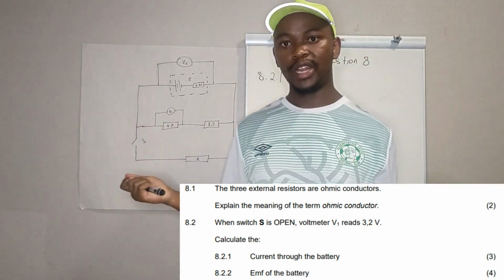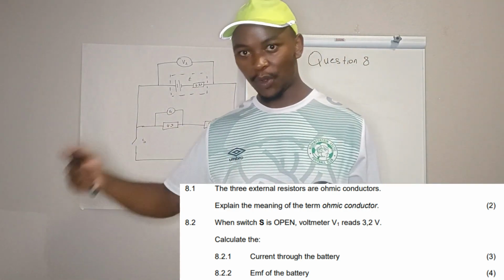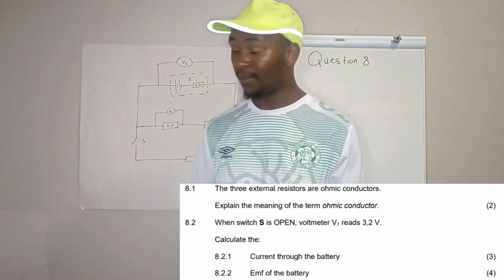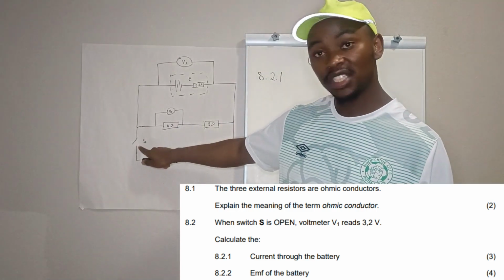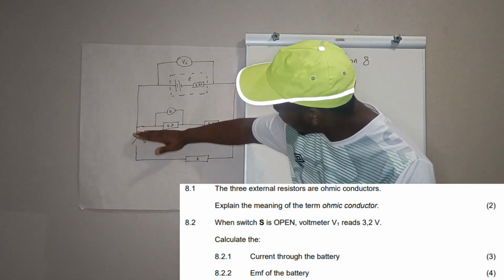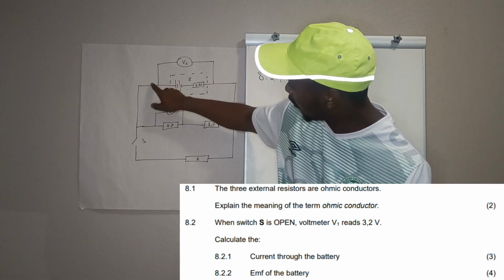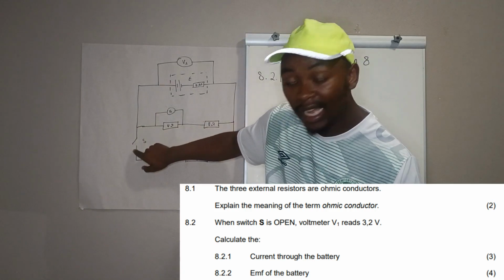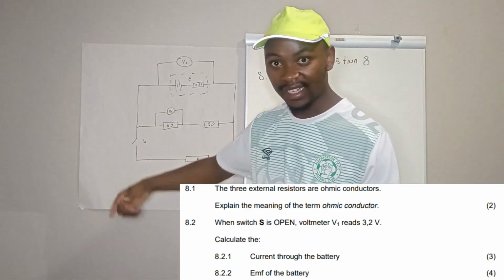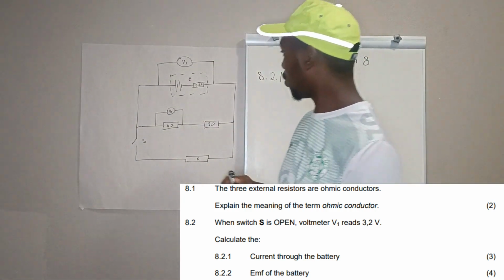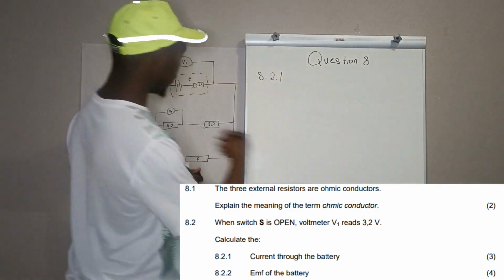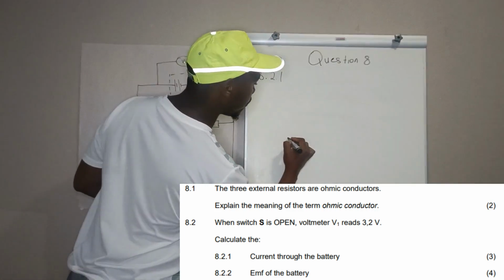When you remove the conductor, it means that there will no longer be flow of current on that path. So if this switch is open, we can totally ignore this side of the circuit, because if current moves out of the battery and comes here, it can't come this side because there is no conductor.